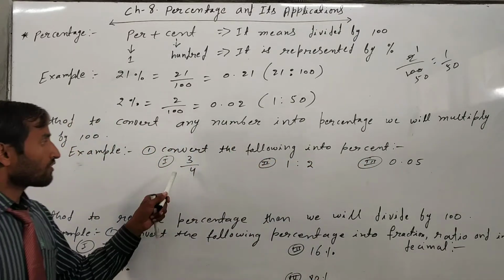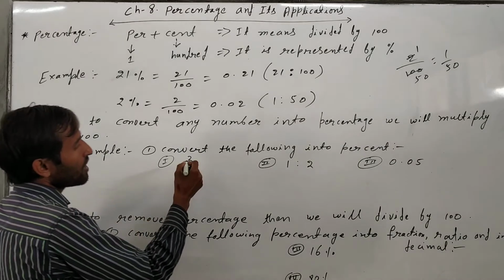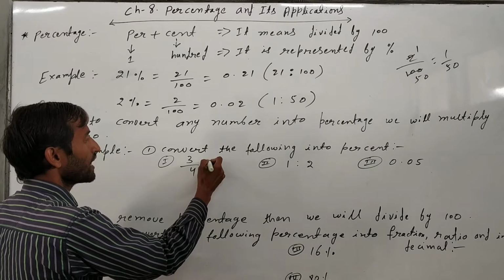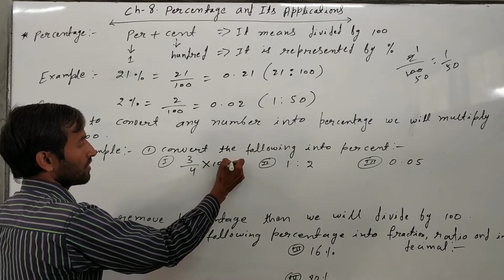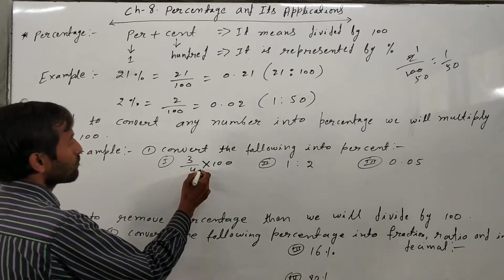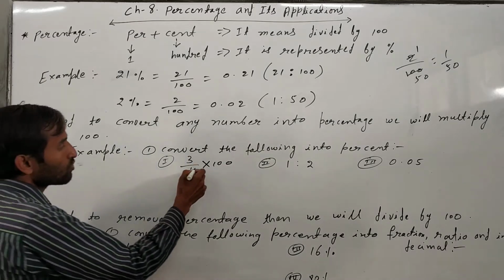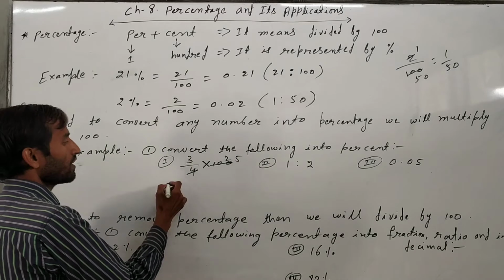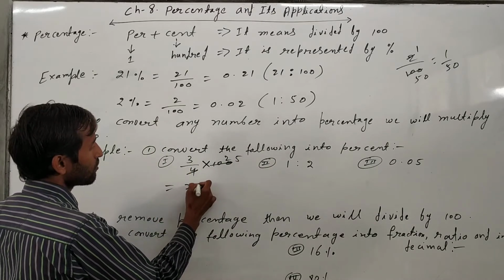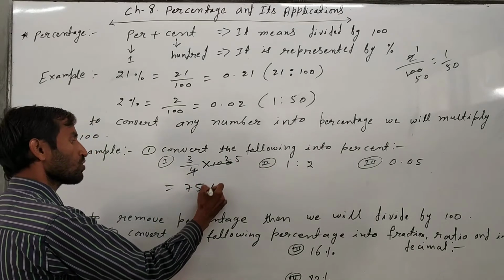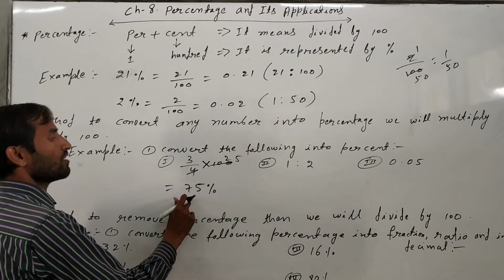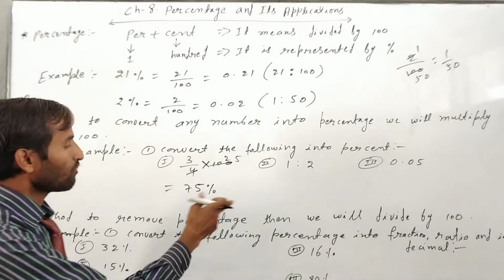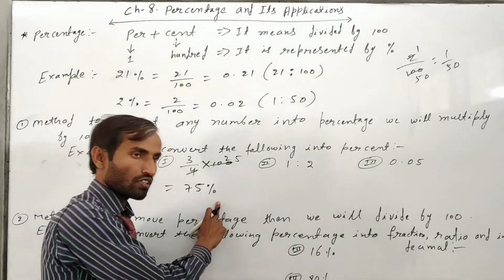Here the fraction 3 upon 4 is given. We multiply by 100, cancel 4 into 100 to get 25, then 25 into 3 is 75. Put the percentage symbol: 75%. So the fraction 3 upon 4 in percentage form is 75%.